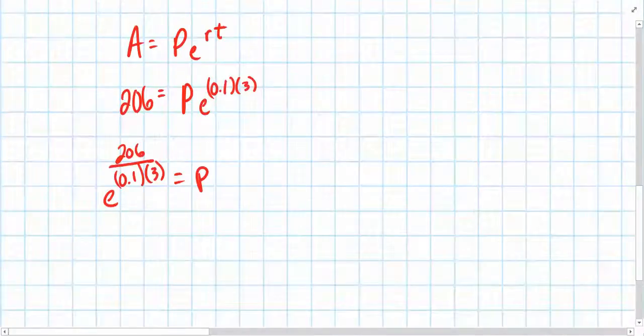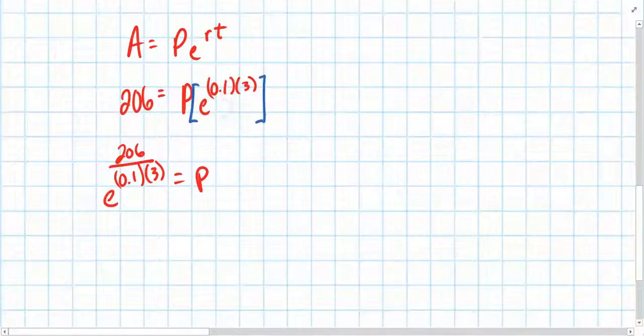So let me remind you that the continuous compound formula is the one that looks like this. The amount is equal to our principal times e to the RT power. In this case, $206 is equal to some principal, some starting amount, times e raised to the power of 0.1 times 3.